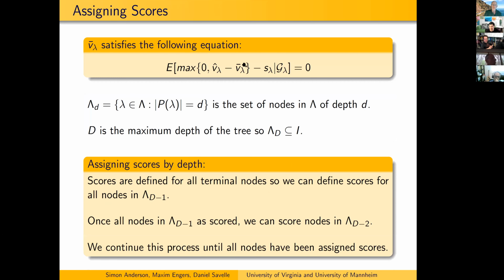Now, the key is that once you do all of this, we're going to define scores exactly the same way we always do, which is that the score is going to take, instead of a value, the local value minus the score. We're looking at that expected improvement versus the cost that you pay to search lambda, conditional on the information you have when you decide if you want to open lambda.